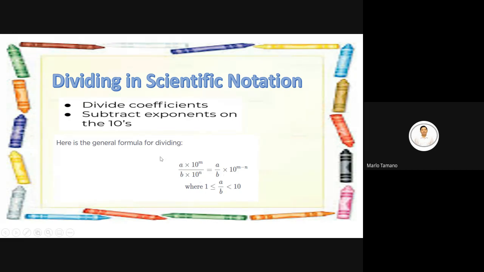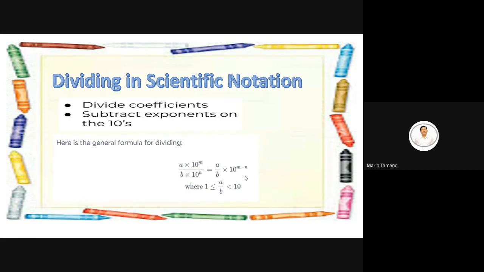Division of numbers. So i-divide nyo muna tapos saka natin isusulat ng scientific notation. So a divided by b times 10 to the m minus n. So sabi nga niyan, subtract the exponents on the tens, yung mga bases nung ating powers na m and n. Since nasa powers of 10 po tayo, kaya 10 to the m minus n. Doon sa multiplication, addition.